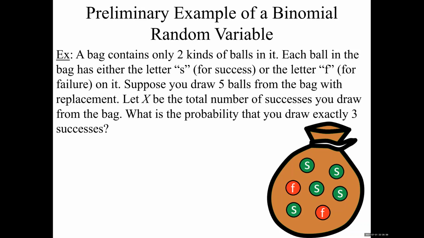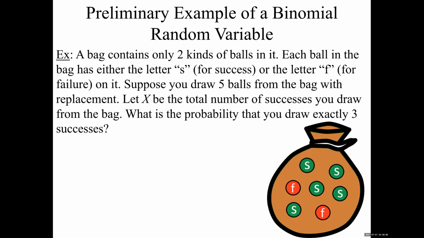Each ball either has the letter S on it for success, those are the green ones in the bag there, or they have the letter F for failure, those are the red ones. So every time you draw out of the bag, you either get a success or a failure, you get a green or a red. Now it says, suppose you draw 5 balls from the bag with replacement. Let X, the random variable, be the total number of successes you draw from the bag. What's the probability you get exactly 3 successes?